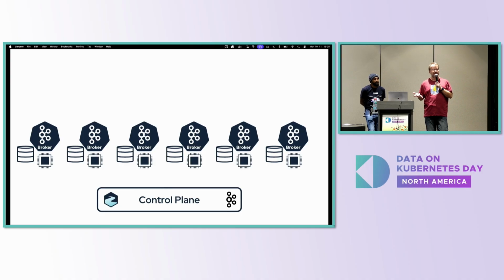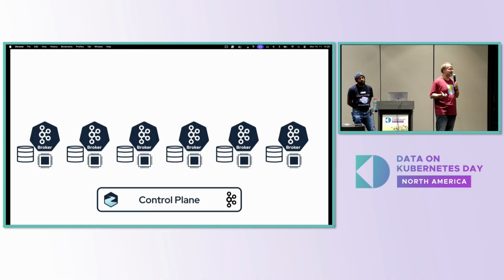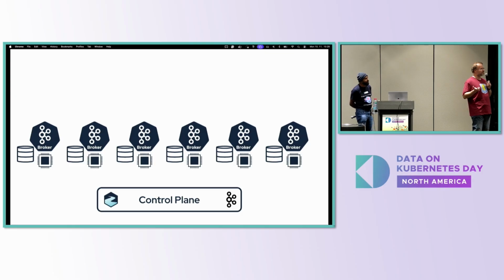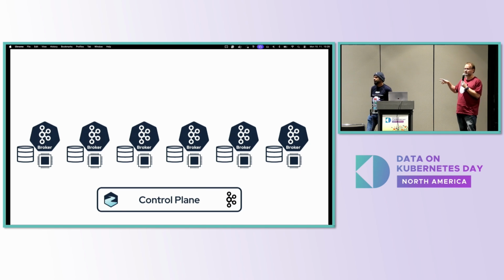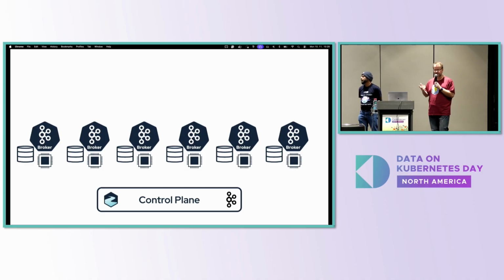Keep also in mind that in order to get reliability and availability in Kafka, it's using its own replication protocol at the application level. So whenever you send a message to it, the brokers will automatically replicate it. Typically, you will use something like replication factor 3. So a copy of the message will be sent to 2 different brokers and stored there. So that's also one reason why the disk requirements are so big.